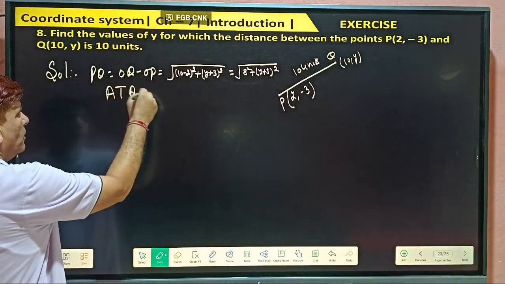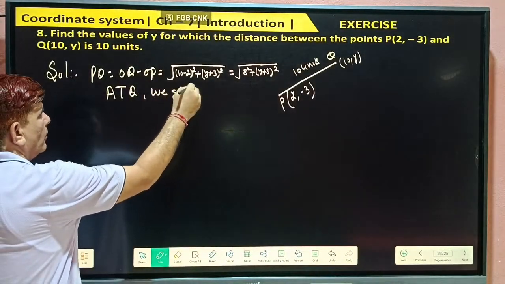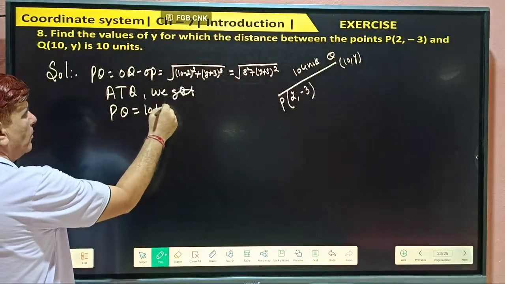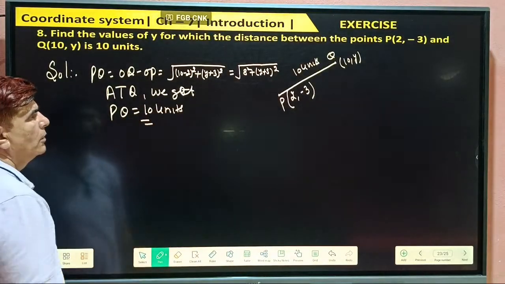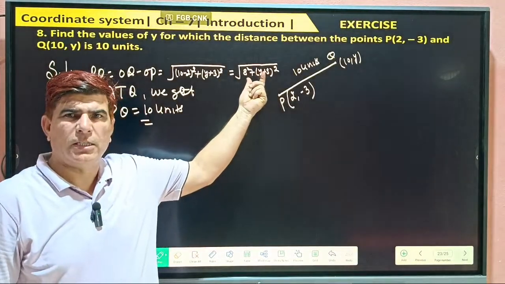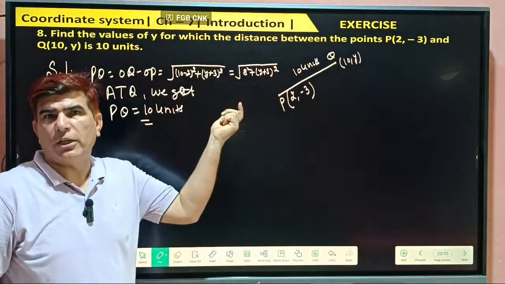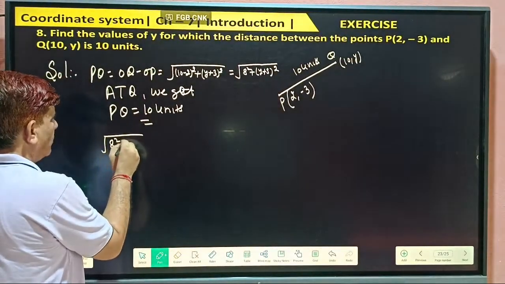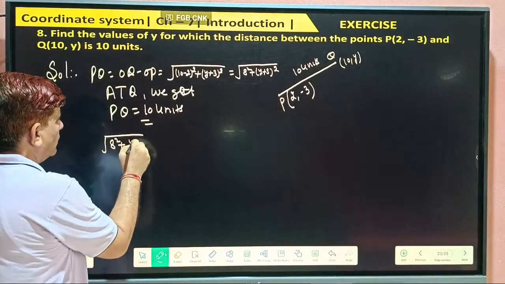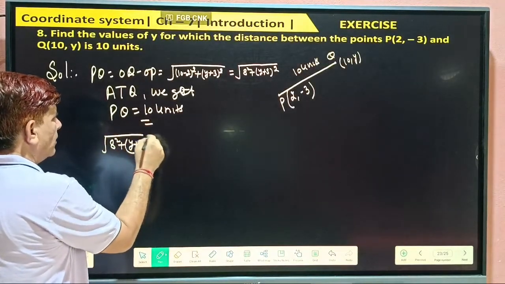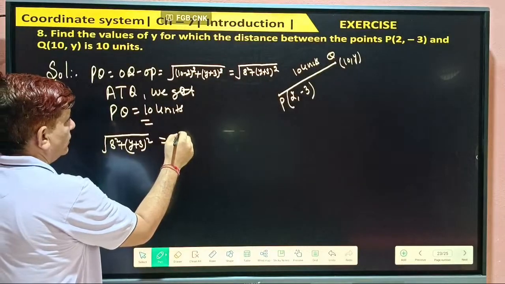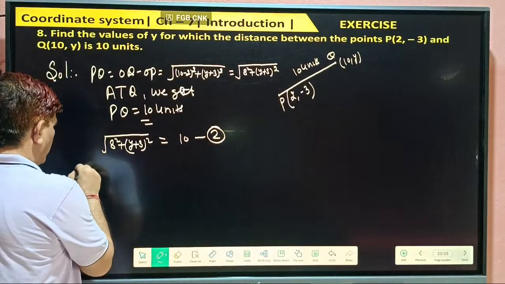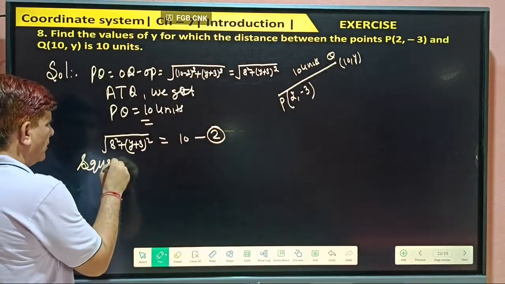According to the question, we get PQ equal to 10 units. By this formula, this distance is given, and definitely both are equal. So under the root, 8 square plus (y plus 3) whole square is equal to 10. Call this equation 2.